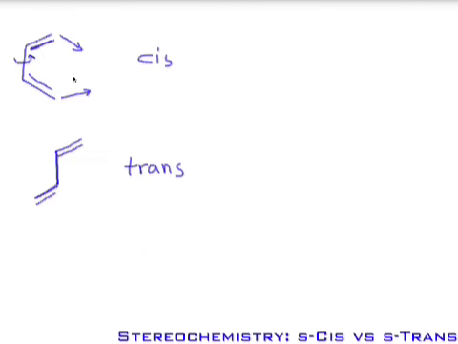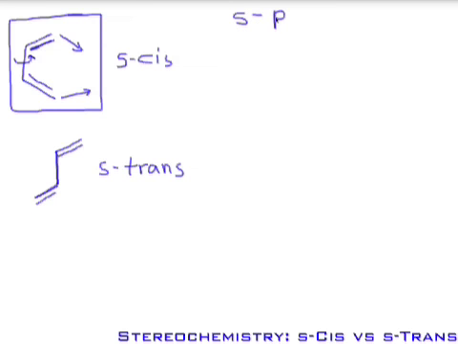Because they wanted to indicate that this structure is the structure that does Diels Alder, it's got to be in this orientation, this conformation. They wanted to give that conformation a name, and they said, let's call it s-cis. And let's call that s-trans, where s stands for the Greek word pseudo. Pseudo meaning fake.